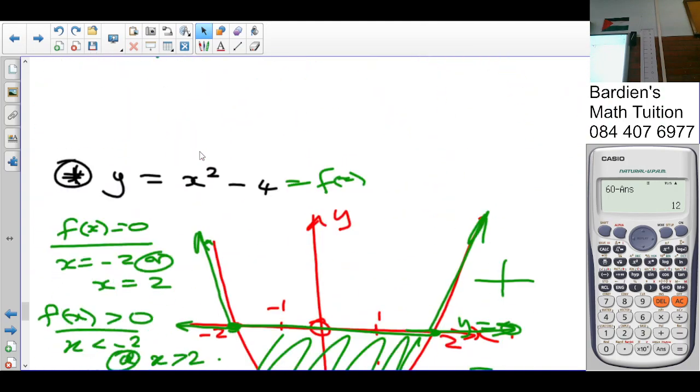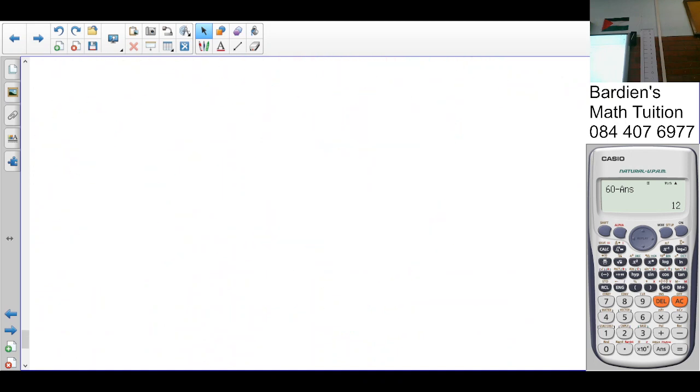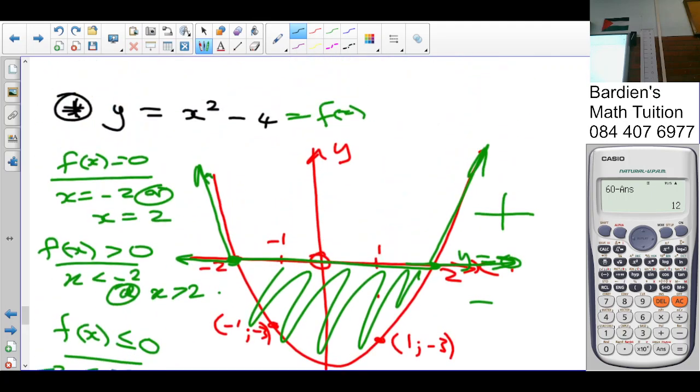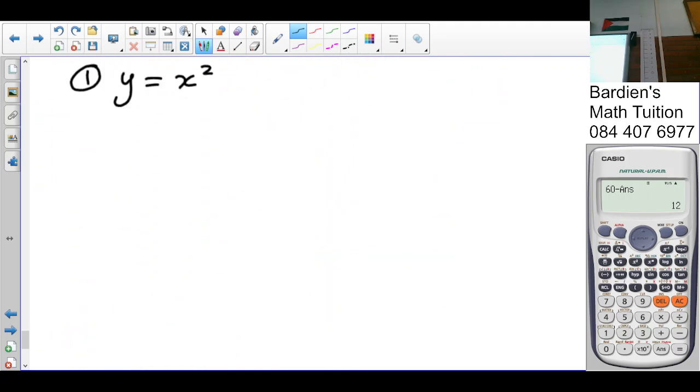For homework, I want you guys, using the table, to draw the following graphs. The first graph I want you to draw is y is equal to x squared. Then you're going to draw for me x squared minus 1. The second graph, y is equal to minus x squared plus 1.